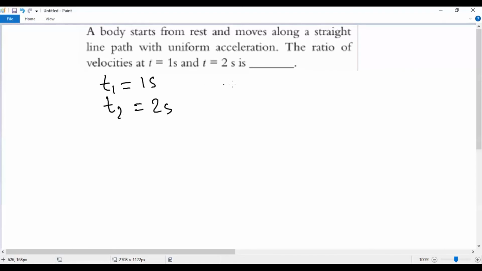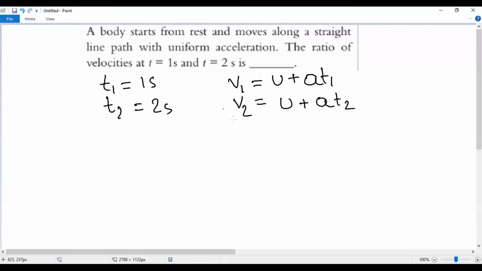So the velocity of t1 will be, as it is said that a body starts from rest, so the initial velocity will be 0 for both the cases of v1 and v2. So we can write v1 is equal to u plus a t1 and v2 will be u plus a t2.